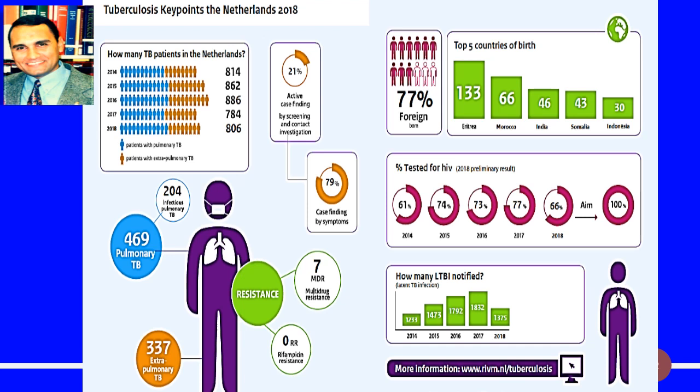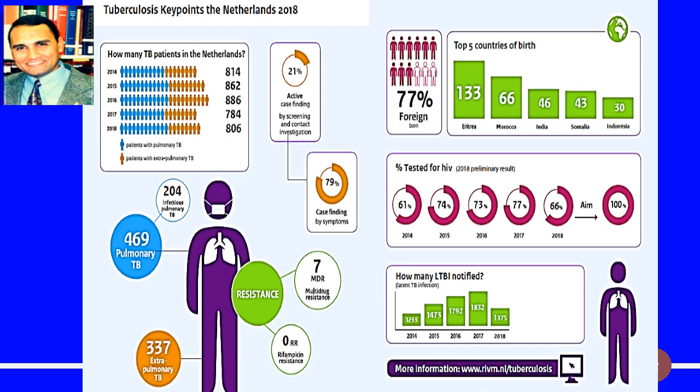How many are notifiable persons? The most notified was in 2017, with about 1,832 persons infected. So the analysis of this chart shows that the highest number of tuberculosis cases in the Netherlands was in the year 2016.